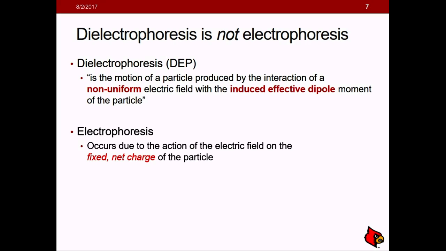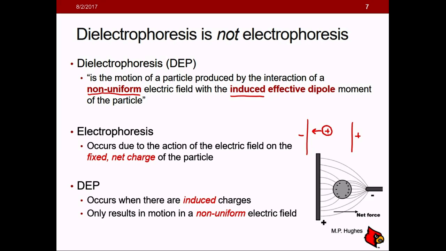However, for dielectrophoresis, you need to have a non-uniform field. You also have an induced polarized particle that does not have a net charge. In some cases, you could have both electrophoretic and dielectrophoretic effects, but we're just going to assume that it's a purely induced effect for the physics that we'll be introducing.